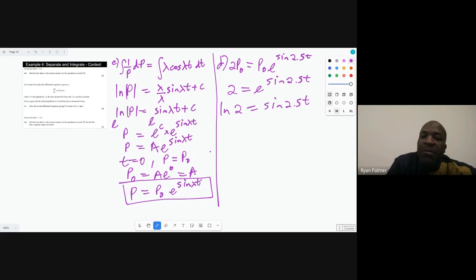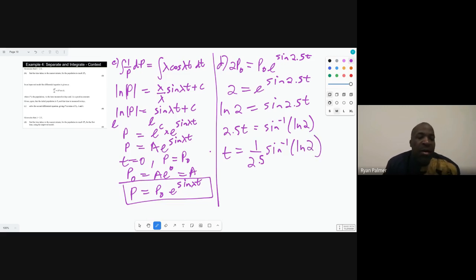So for T, if we do sine inverse, 2.5T is equal to sine inverse of ln2, and then T is equal to 1 over 2.5 sine inverse of ln2. All right, so we can solve for that. So 1 over 2.5 times sine inverse of ln2.